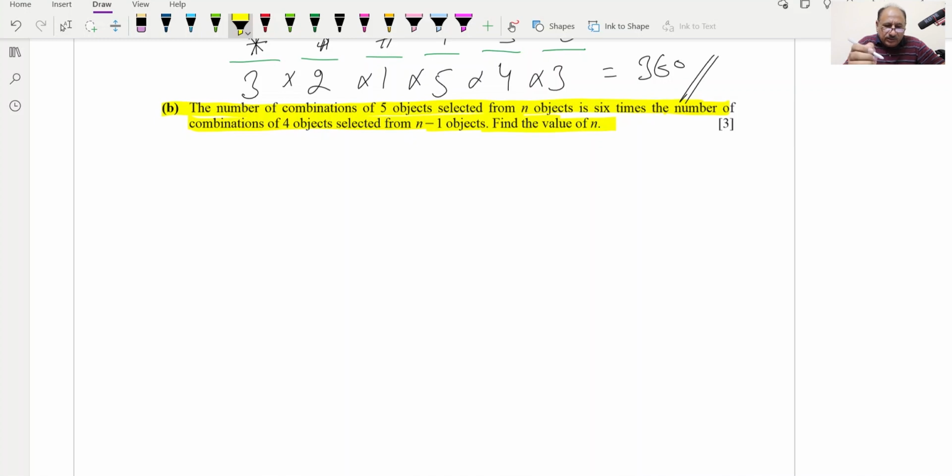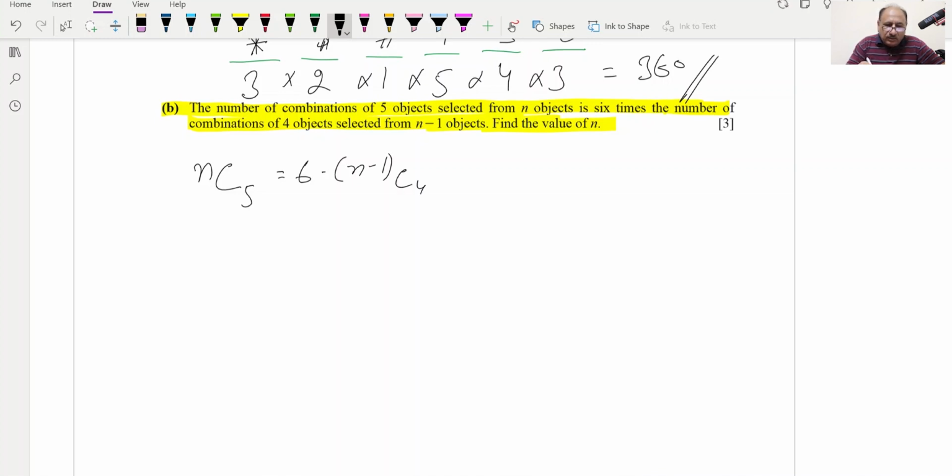So we can write nC5, and nC5 will be 6 into (n minus 1)C4.